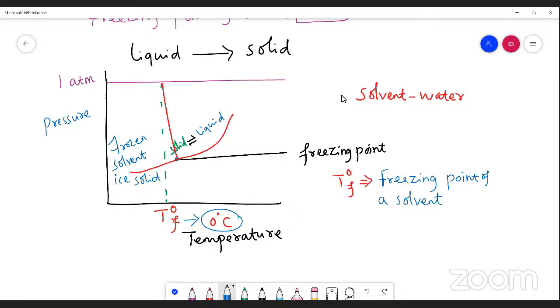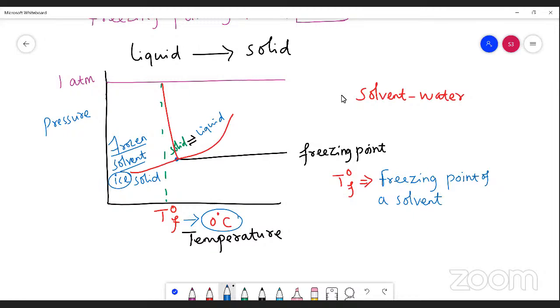At that point the liquid is converted into solid. After that, it exists as frozen solvent. Frozen solvent is nothing but ice.